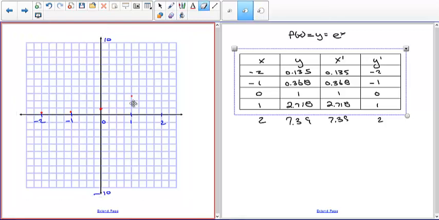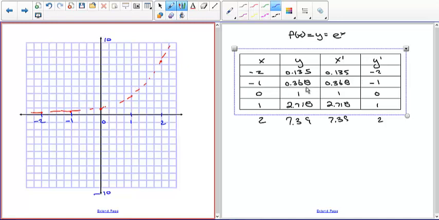Erase that little mistake there. And 2 is 7.39. So that's 1, 2, 3, 4, 5, 6, 7, 7.4 approximately. Okay, so that's the curve. And we can just do a rough sketch in between to get an idea.